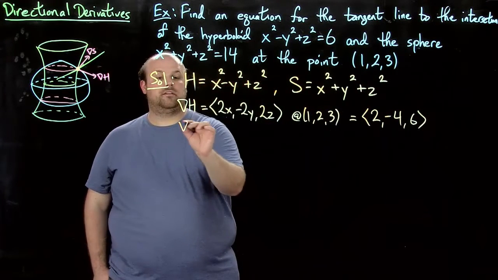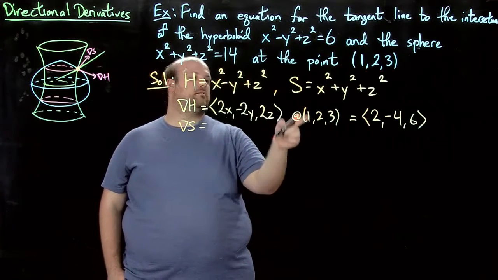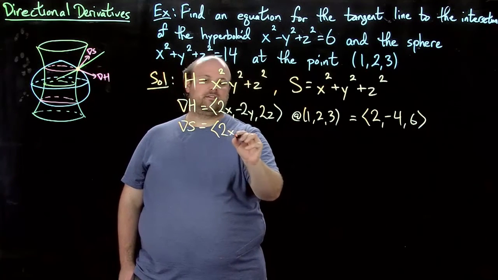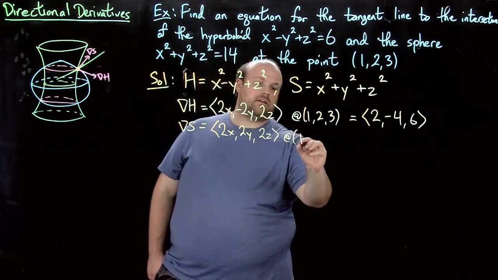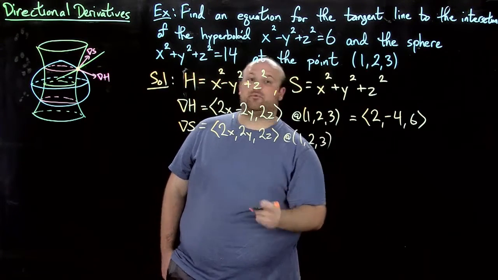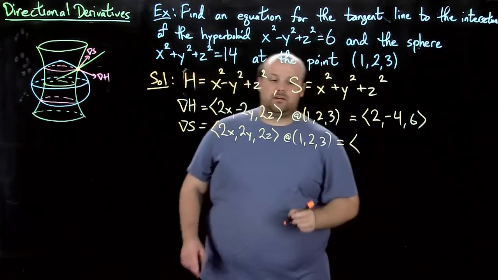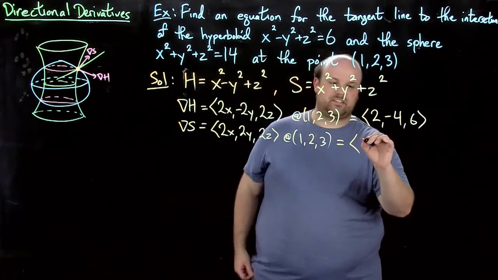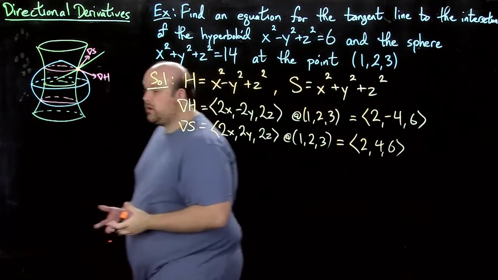Okay. Now the gradient of the sphere function, that is just 2x, 2y, 2z. And again, we're going to take this at the point 1, 2, 3. And this time, we just get 2, 4, 6. All right.